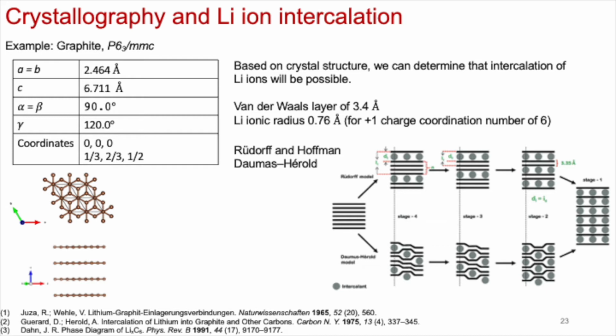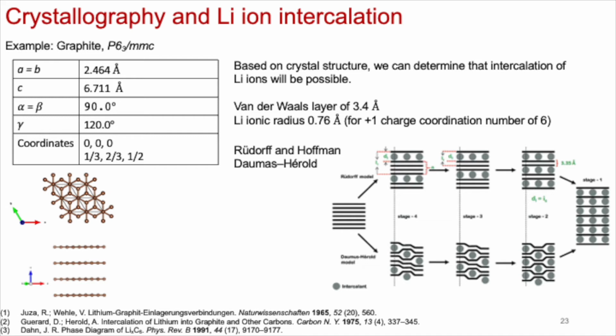And in reviewing our discussions from last time, we discussed as a group why this material would be more useful for lithium ion insertion and deinsertion than, let's say, for sodium ion.